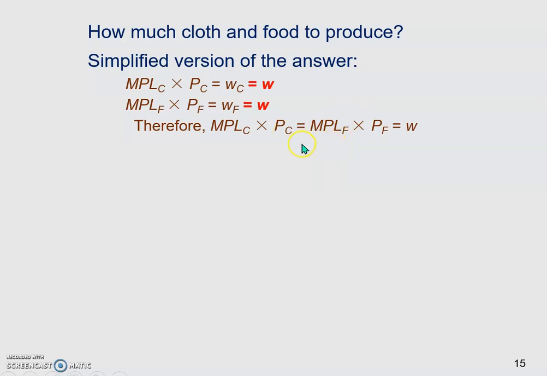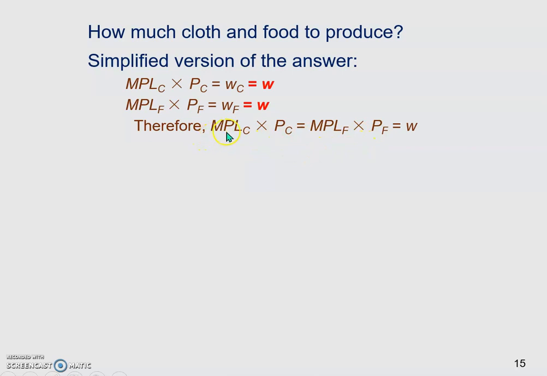So we're going to move MPLC to the right-hand side, and we move PF, which is the price of food, to the left-hand side. So you can forget about the wage, okay? Because the wage is just the bridge, which helps us build the connection between these two, okay?